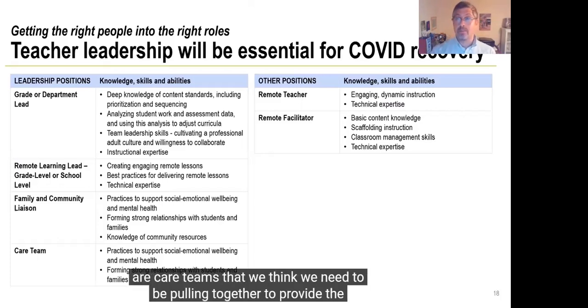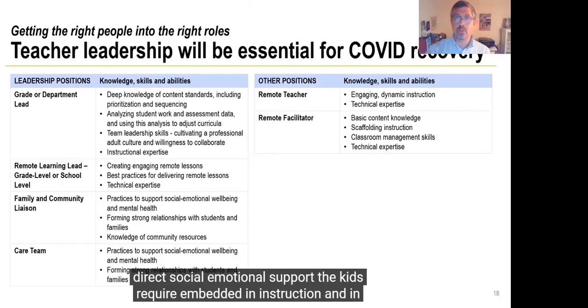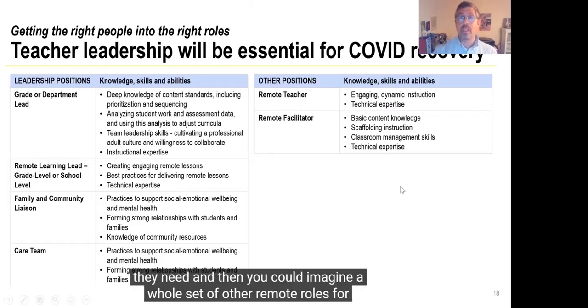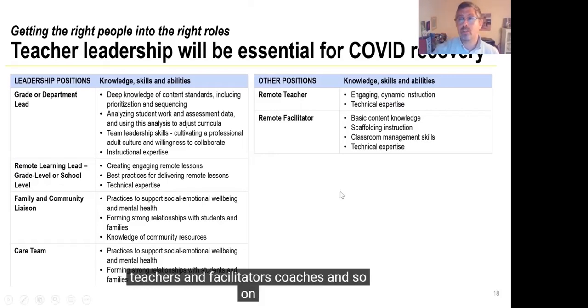There are care teams that we think we need to be pulling together to provide the direct social emotional support that kids require, embedded in instruction and in their classes, but also creating the time we need to ensure kids have what they need. And then you could imagine a whole set of other remote roles for teachers and facilitators, coaches, and so on.